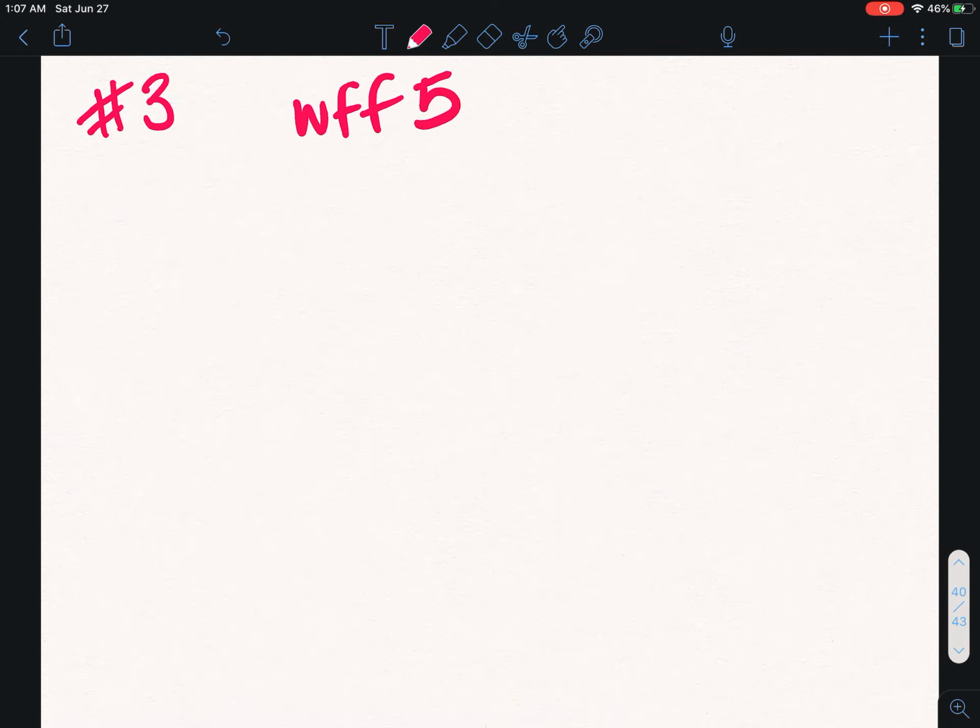Number 3 says, consider the answer to question 2, which is, you know, what it is. And wolf, so consider the answer to question 2 and wolf number 5. And wolf 5's main connective, which is just, you know, the arrow.